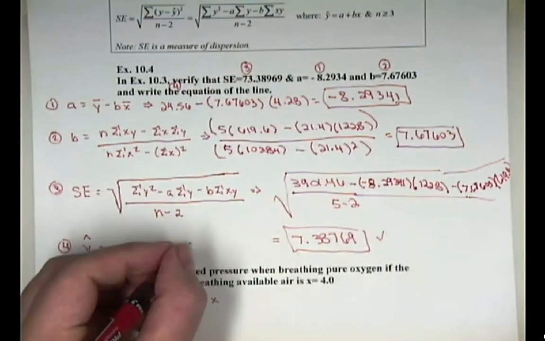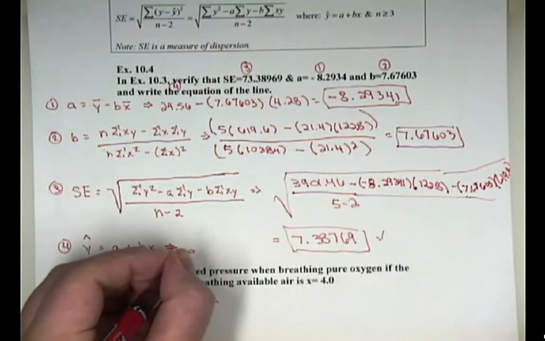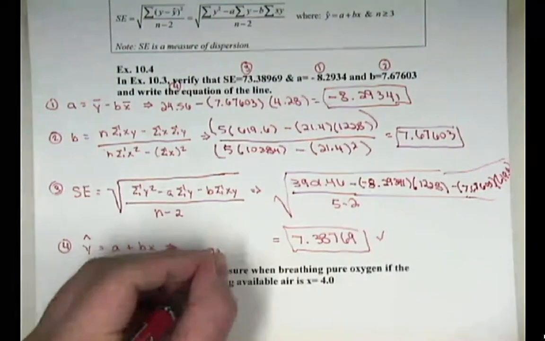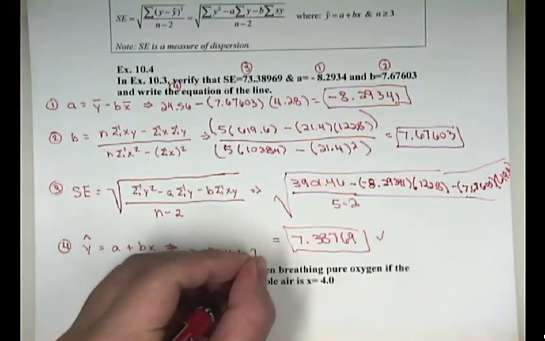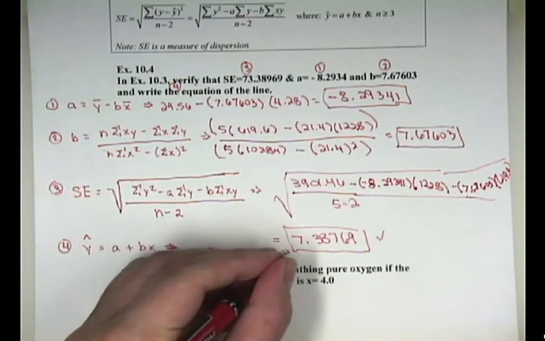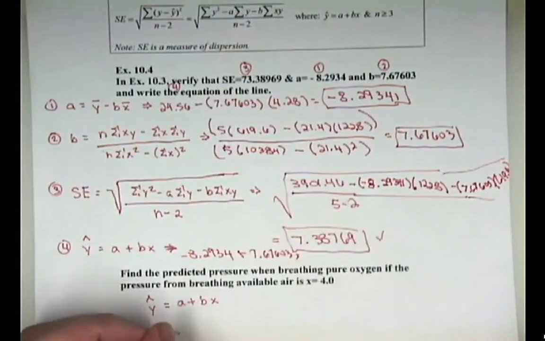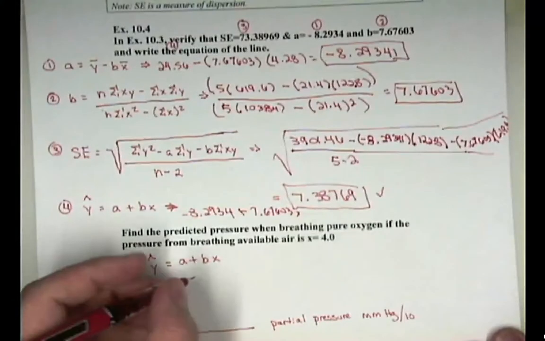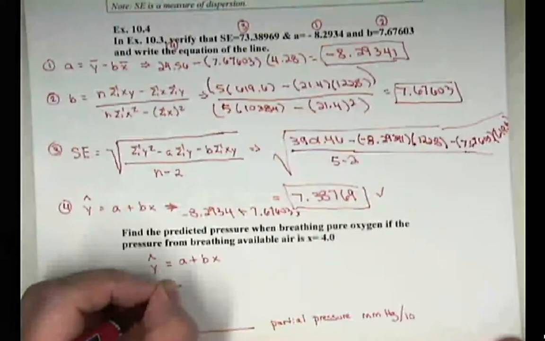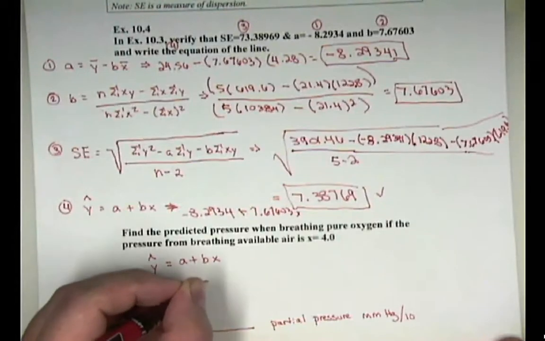And the equation of the line, of course, is negative 8.2934 plus 7.67603 times x. So again, down here when we want to make a prediction using the equation of the line, we write our equation of the line.